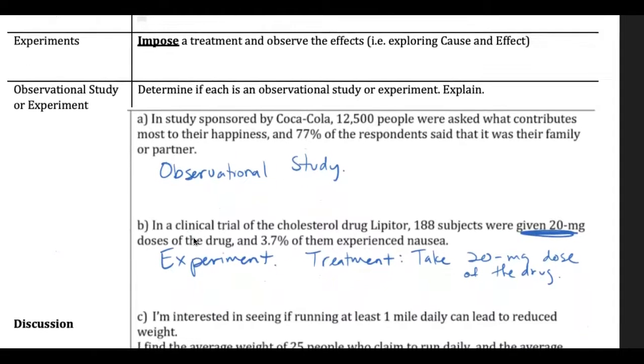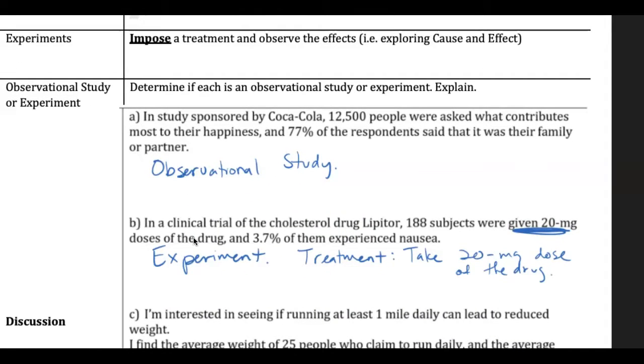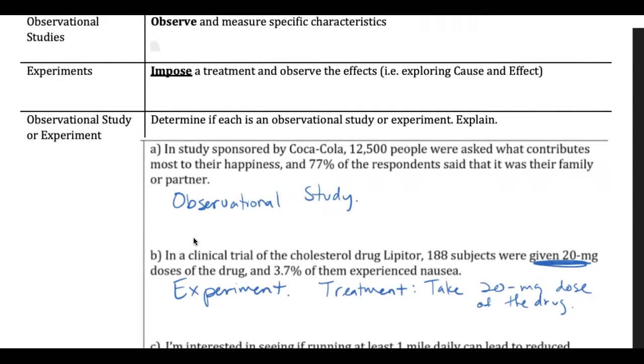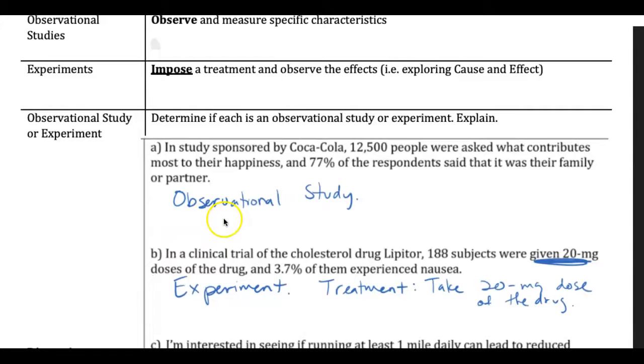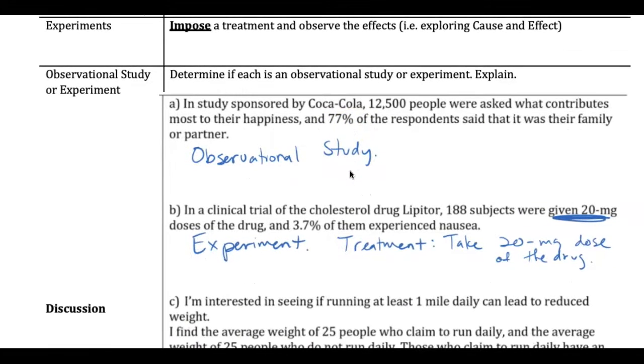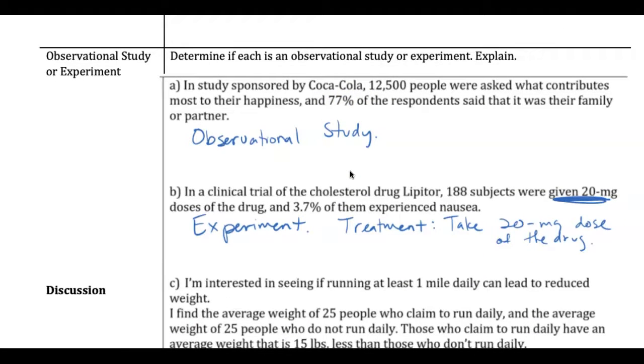The first one you'll see is an observational study. You will see we just observed; there was no treatment done on individuals or the group to be studied, right? The people were asked what contributes to their happiness, right? And you see 77% responded that their family or partner does, and that would be considered an observational study.